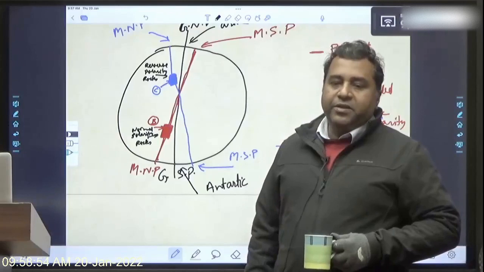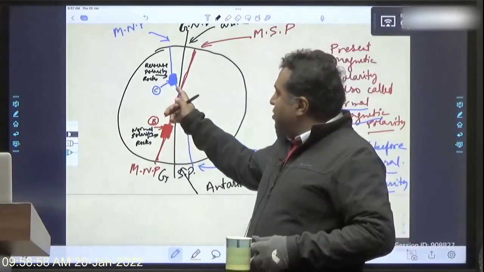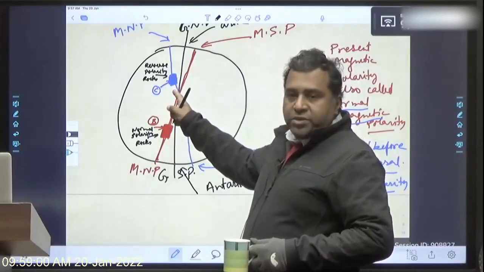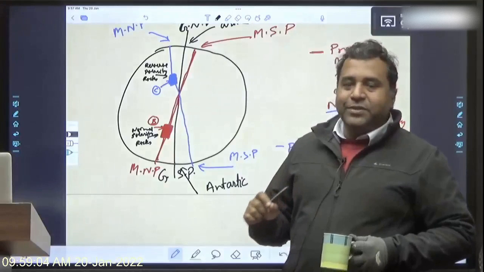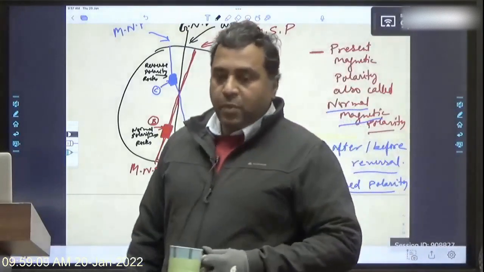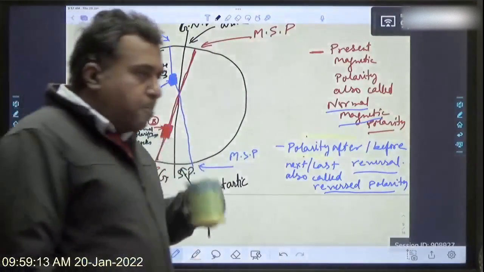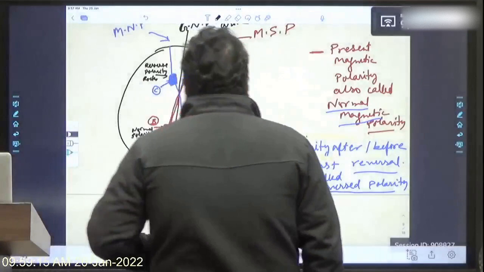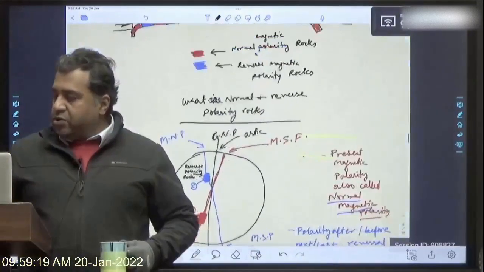Within bracket, blue colored rocks at location C in the diagram. Okay, so this is what magnetic polarity of the rocks means.